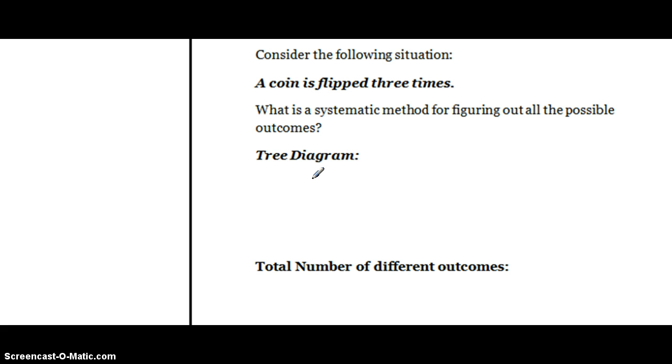So this coin is going to be flipped 3 times, so we start off with our tree diagram describing the first toss. So the first toss, we could either get heads or tails. Once that's determined, then you'll toss the coin a second time.